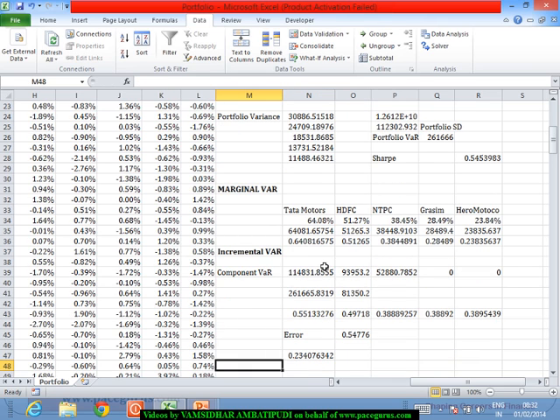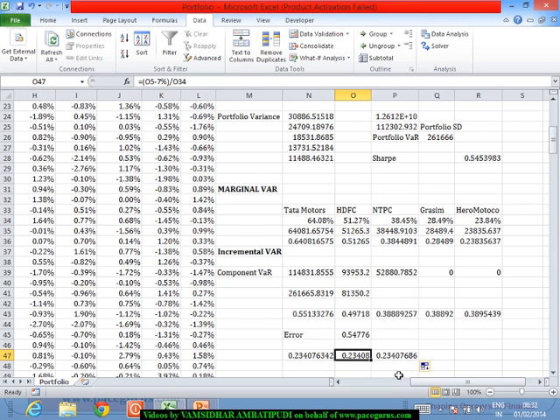So what you see is this value is somewhere equal to this much, and if I look across all the securities, this value is lying out to be equal. So it's not the marginal VAR that will be equal, but it is the position's return above the risk-free rate of return divided by the marginal VAR of that particular security.